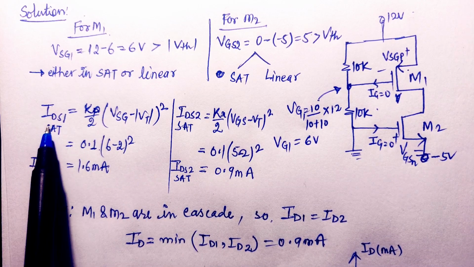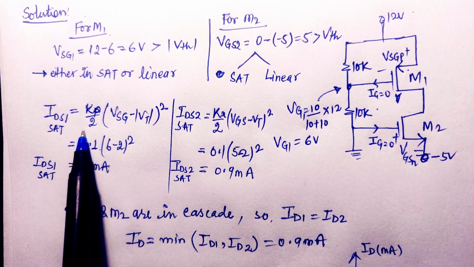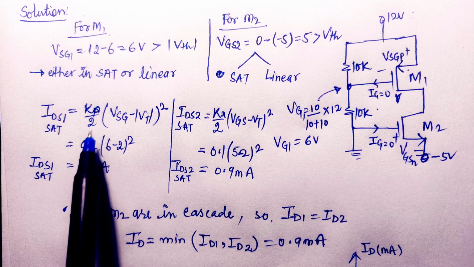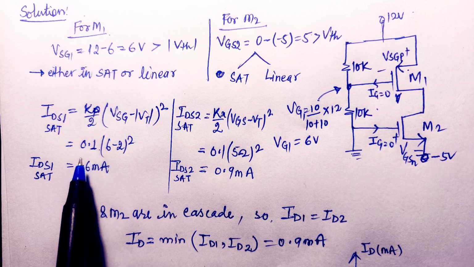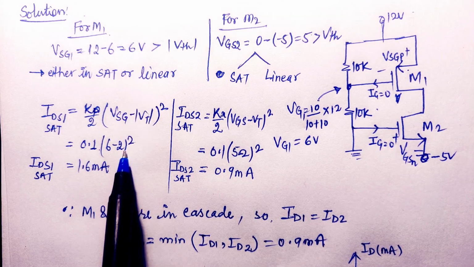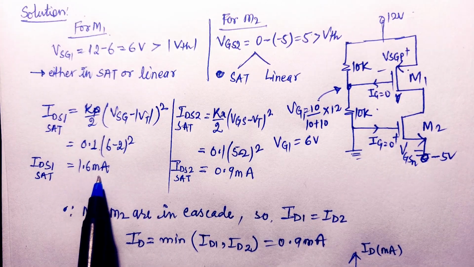So here IDS1 current, that is the saturation current in the PMOSFET, can be written as Kp by 2 times (VSG minus mod of Vtp) whole square. Put the value of Kp by 2, that is given as 0.1 in the question, VSG voltage is 6 volt and mod of Vt is 2 volt. We calculate, then its value will be 1.6 milliampere.